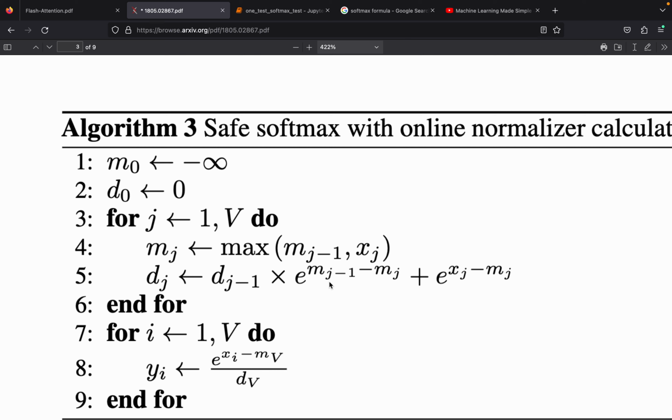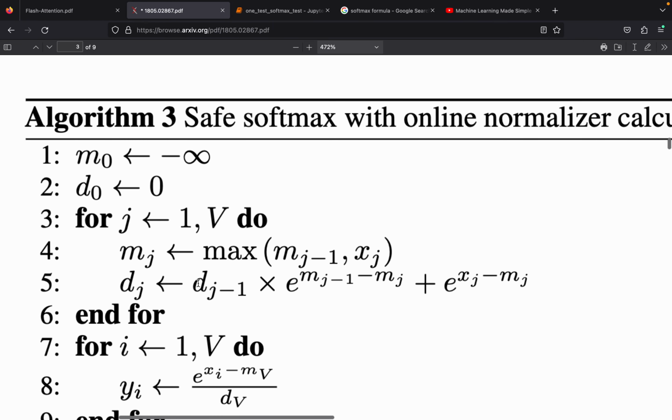That's why we are undoing it by multiplying it, plus we are also dividing by e raised to mj. We know that e raised to a minus b is equal to e raised to a divided by e raised to b, right? And then this same formula goes for here as well, but this is for the older one.